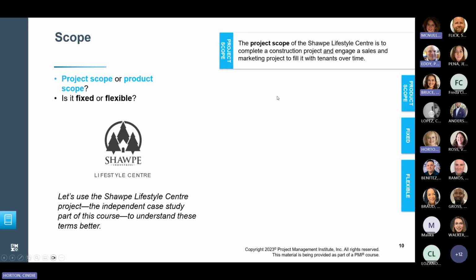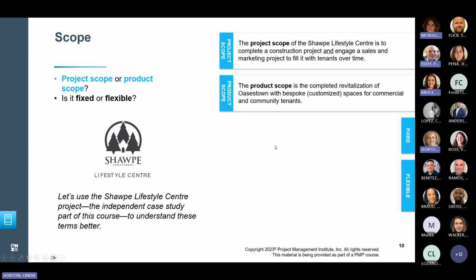So the project scope of the Shop Lifestyle Center is to complete a construction project and engage a sales and marketing project to fill it with tenants over time. So we have two things that are part of our project scope. The product scope is the completed revitalization of OC's town with bespoke or customized spaces for commercial and community tenants.